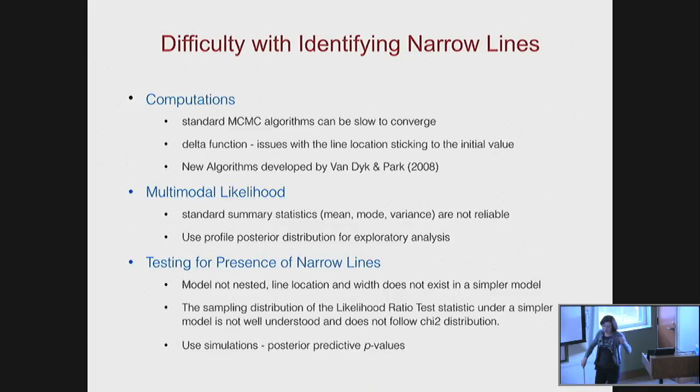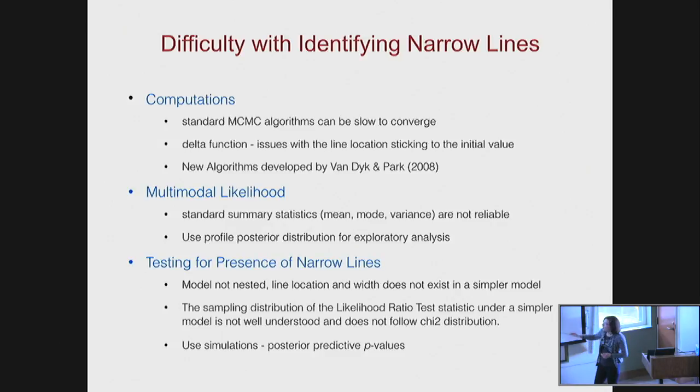So you have a lot of peaks in your parameter space. You can have lines scattered across your spectrum. So standard statistics, such as mean, mode, and variance, are not reliable. When I look at my posterior distribution and I see these bumps and I say mean value, you don't know what it means. Or mode, you don't know what it means.